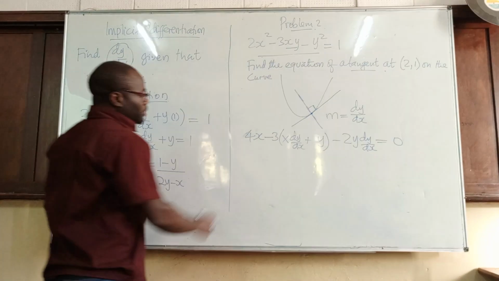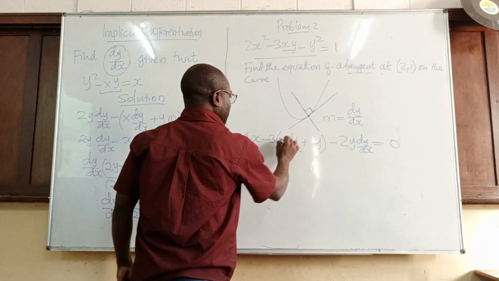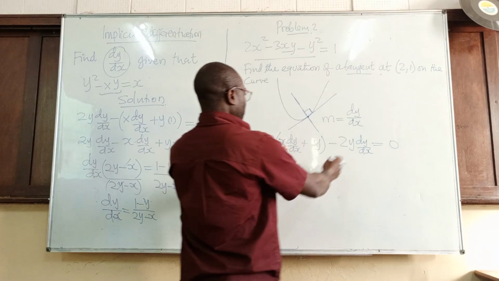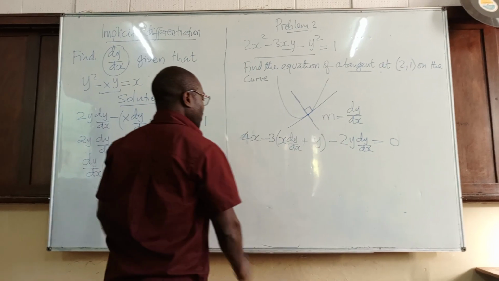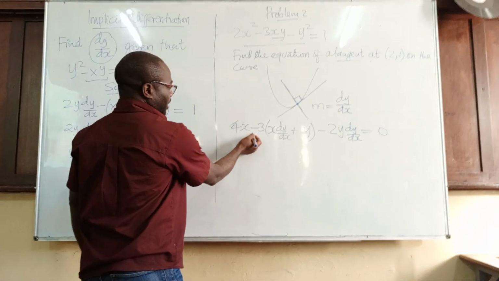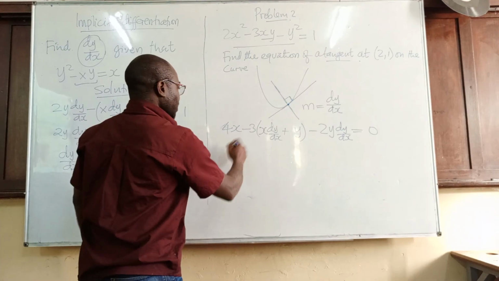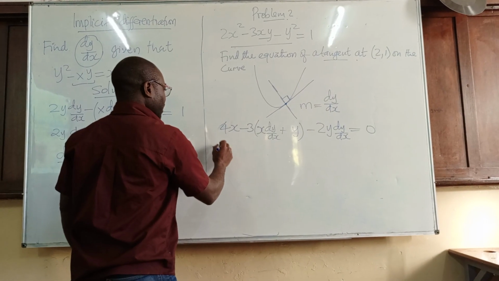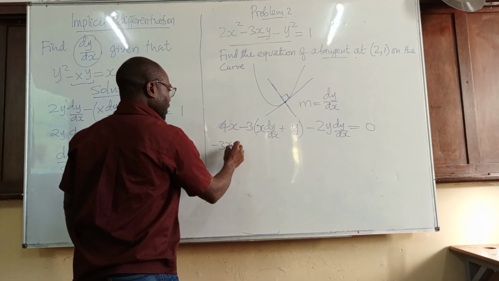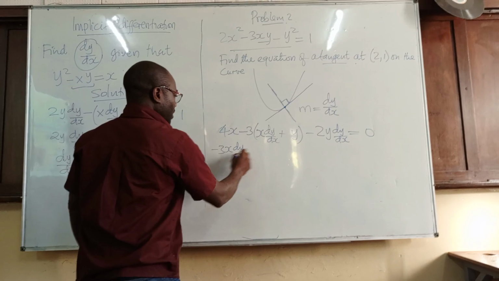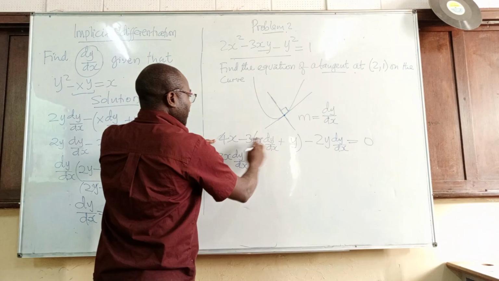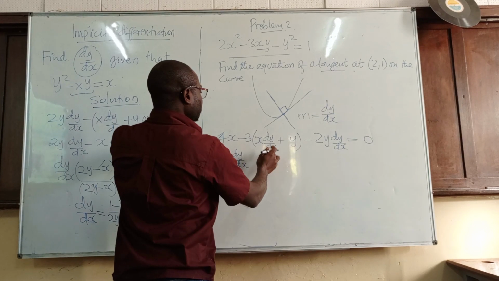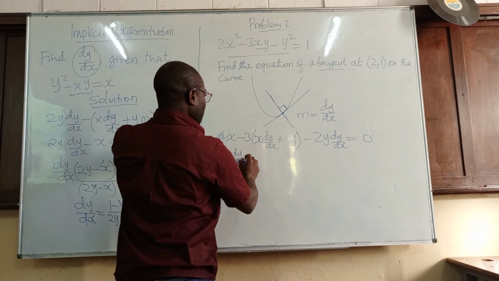Our job now is to put these together. First we expand and then collect like terms and so on. By the way, we can even take this to the other side. If we do that, we have negative 3x dy over dx, that is this part, and then this multiplied by that, so the answer becomes minus 3y.